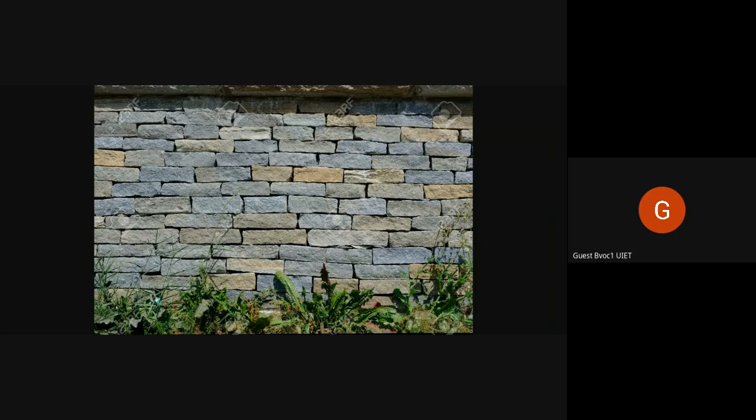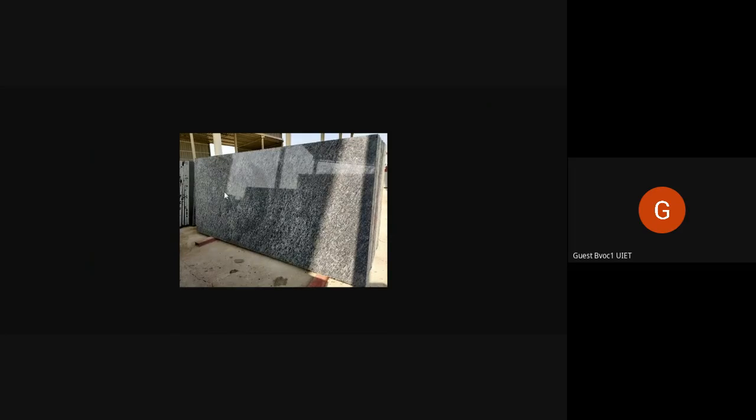Then next we have granite. Granite is also an igneous rock.